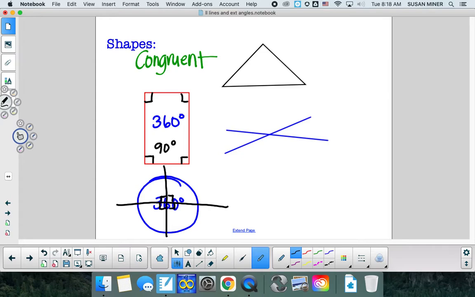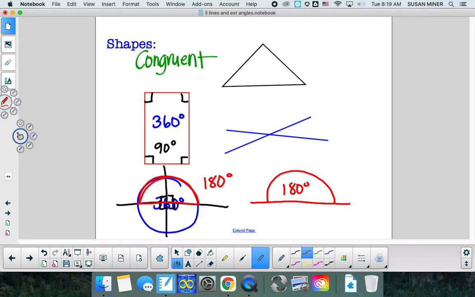And so we could say, hey, a straight line is half of a circle, right? And so a straight line is 180 degrees. Anytime I have a straight line, that angle that's formed is half of a circle. And so a straight line is 180 degrees. Okay, so what is another shape that's 180 degrees?